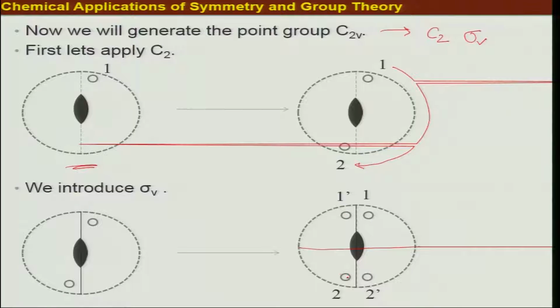So 2 and 1 prime can be generated from each other if there is a plane here, right? So I actually get another sigma v here. I will call it sigma v prime.